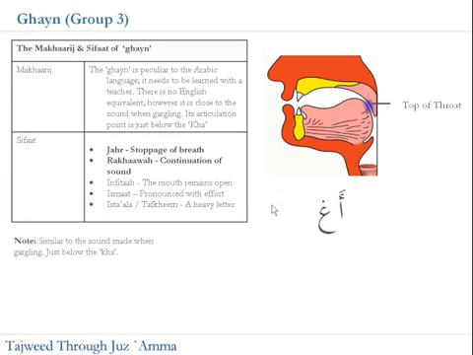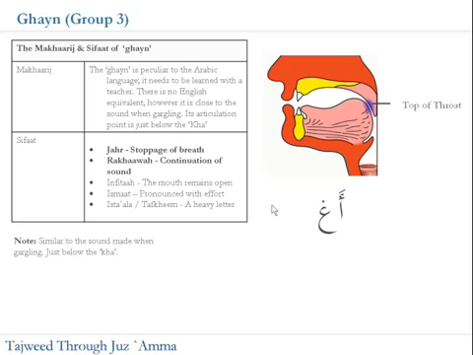Then we come on to the ghain, and this is again peculiar to the Arabic language. However, you could liken the sound to gargling in English. So if you were to gargle, you go ha, and it's the raising of the back of the tongue touching the top of the back of the throat. However, it's just below the ha.